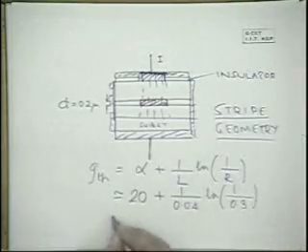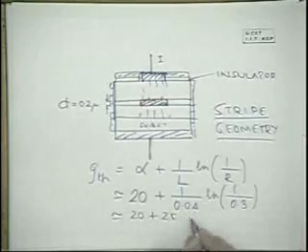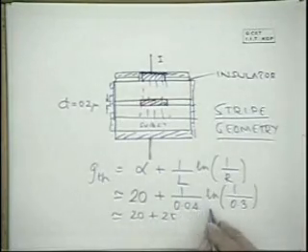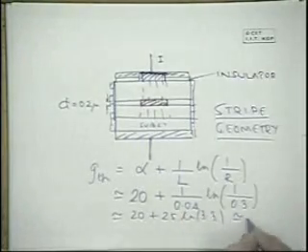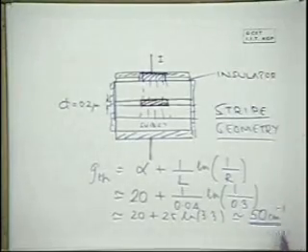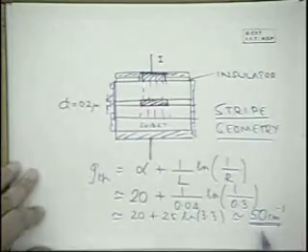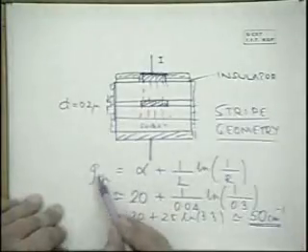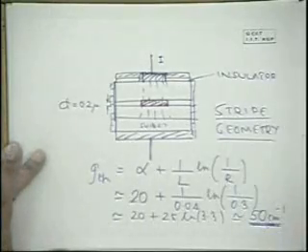You can work this out: 20 plus 25 comes to typically something of the order of 50 centimeter inverse. So the threshold gain has to be more than about 50 centimeter inverse in order to get lasing action. Of course, you can reduce this. Suppose you increase R and reduce alpha, then this G threshold can come down to a few centimeter inverse.